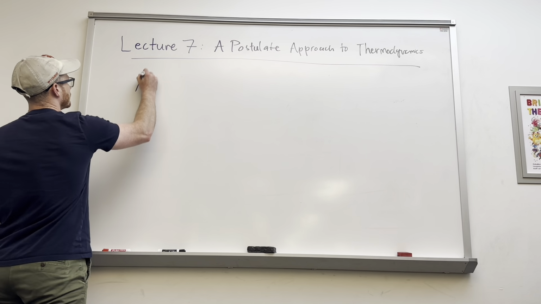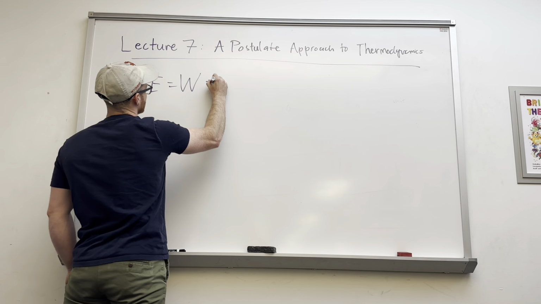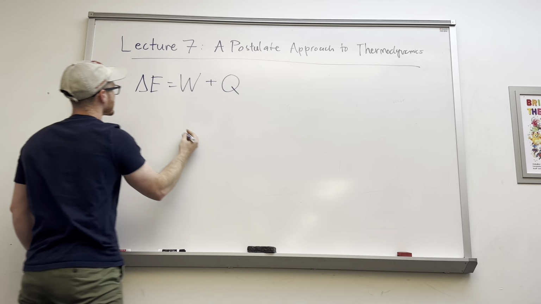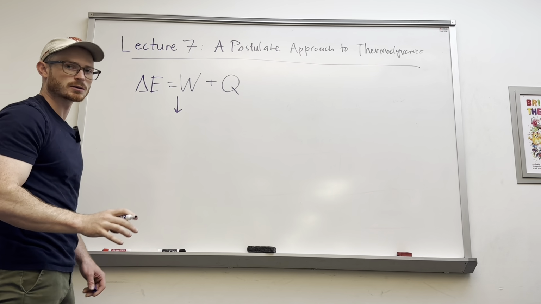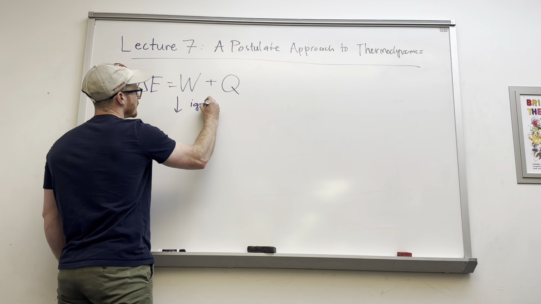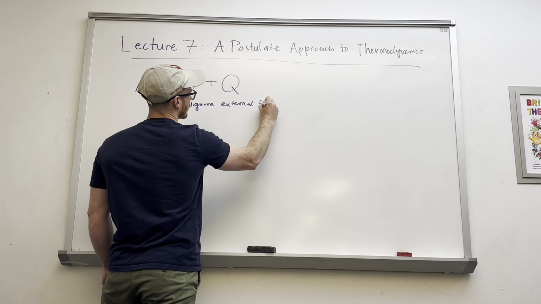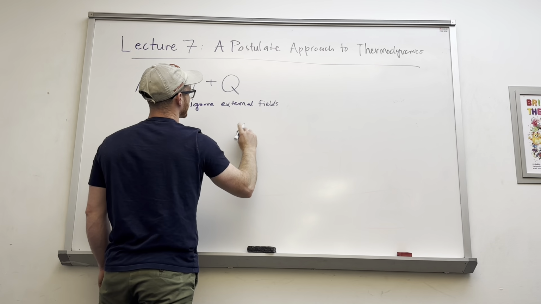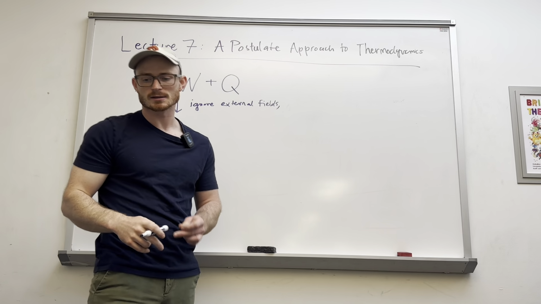Rewriting the first law, the change in energy is equal to the mechanical work plus the heat. Now, to go from this expression, what we typically do is ignore the presence of an external field. So if we ignore external fields, this could be like gravity or something similar. And we say the system is not moving in space, right?